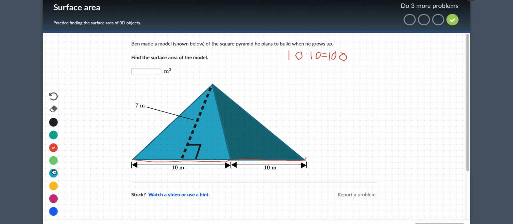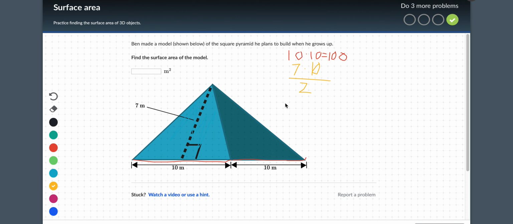So now we need to figure out, and a square pyramid will always have 4 faces. I should do this in a different color. We'll always have 4 of these faces. So its height here is 7, which we can then multiply by 10 and divide by 2.